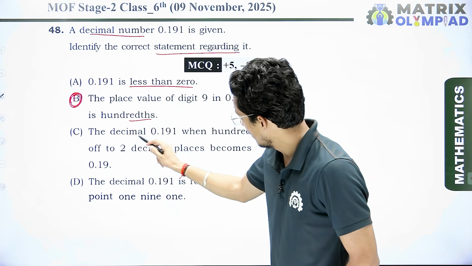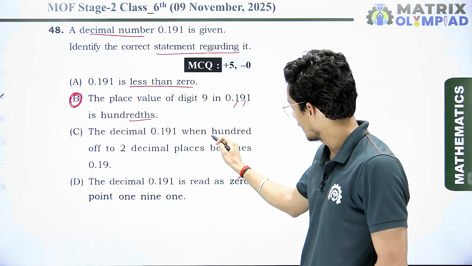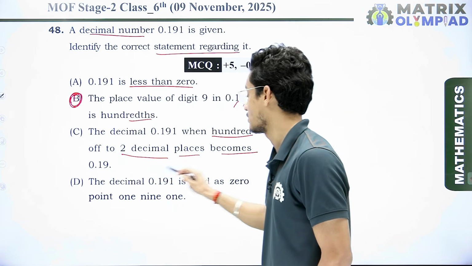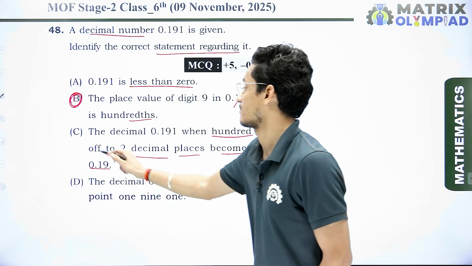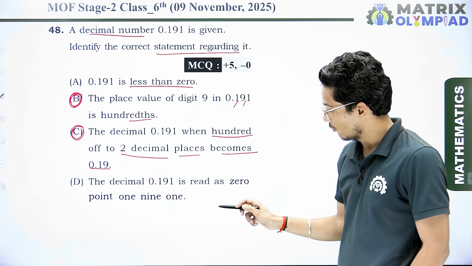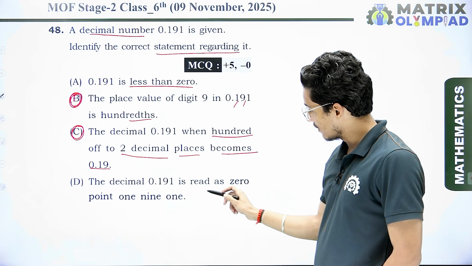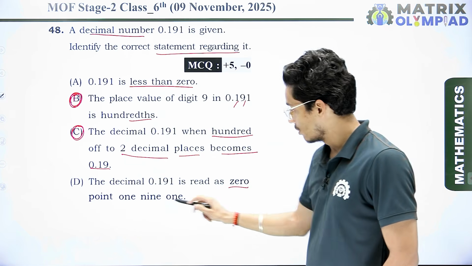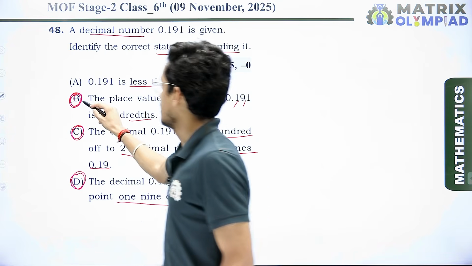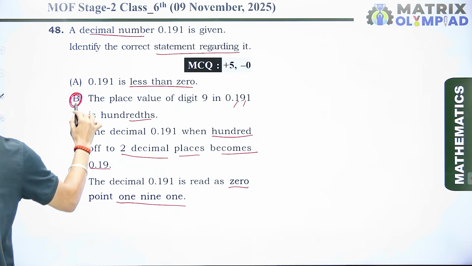Next, the decimal 0.191 when rounded off to 2 decimal places becomes 0.19. This one is also true. Next, the decimal 0.191 is read as 0.191. This one is also true. So here B, C, D are the correct answers.